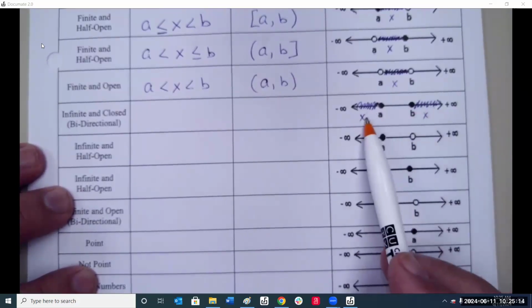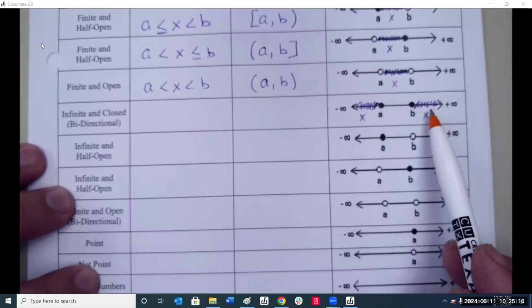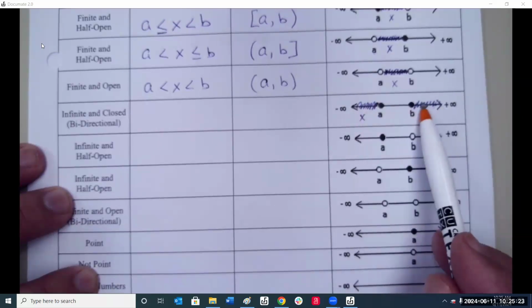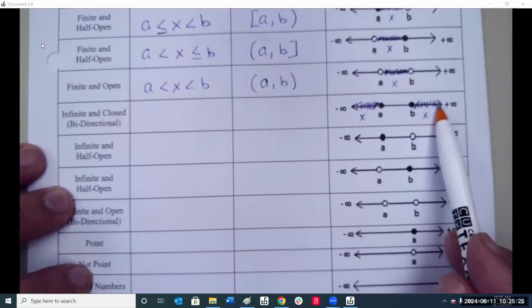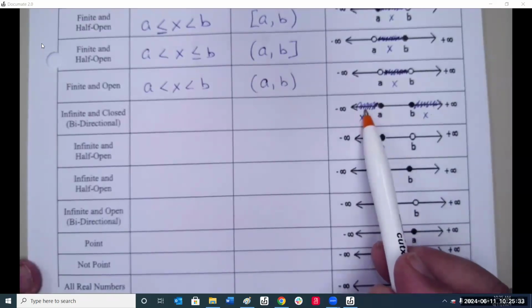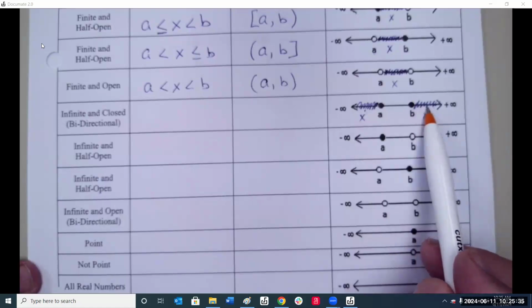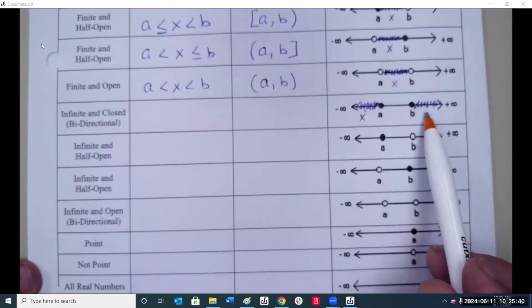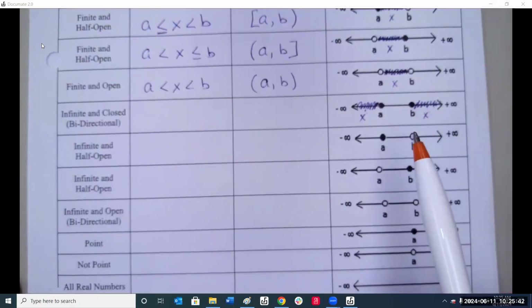How would I describe that? Complete the statement for me. Where can the answer be? Can it be and, or or?